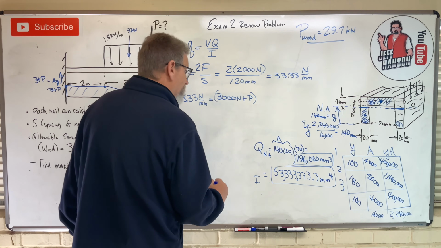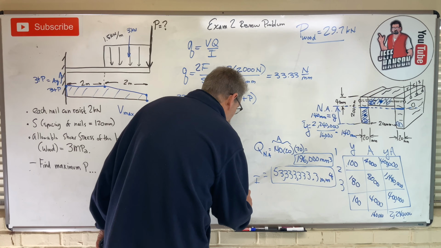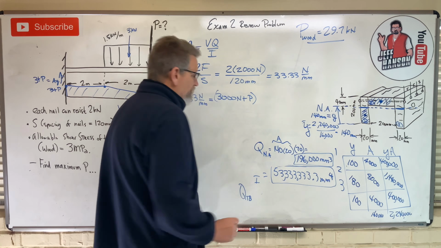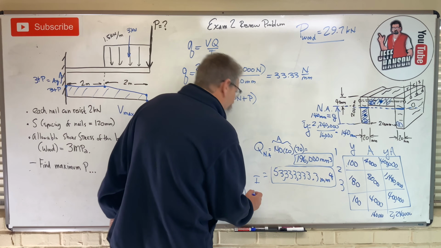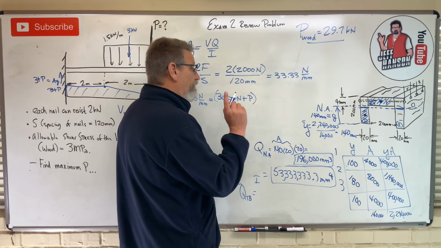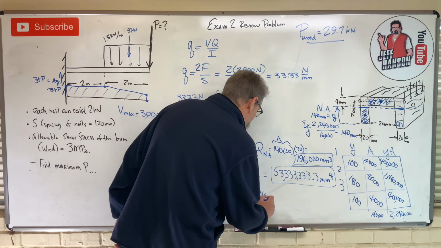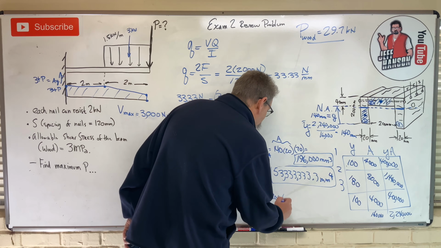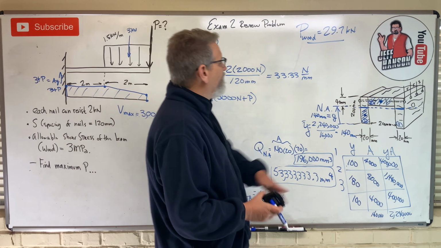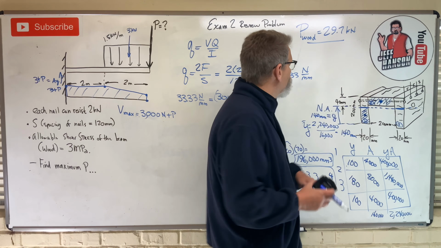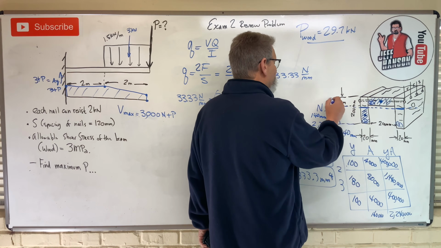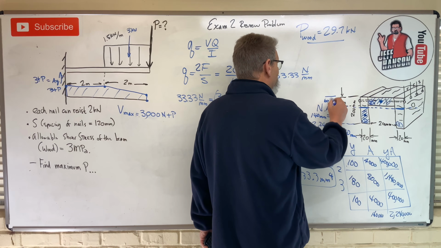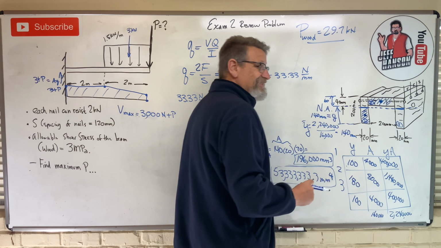So Q TB, top board. Q for the top board is equal to the area of that top board, 40 times 200, times Y bar. So how far is it from here to the centroid of that? Well, if this is 140 and that whole thing is 200, then this must be 60, from the neutral axis to the top.